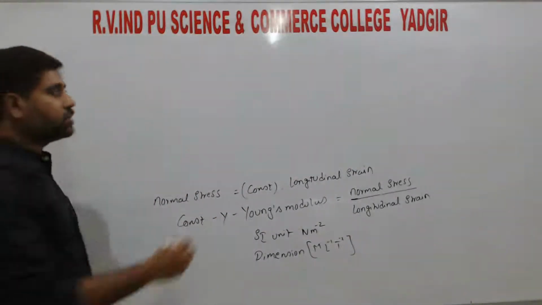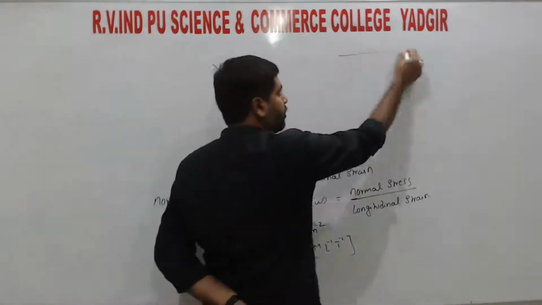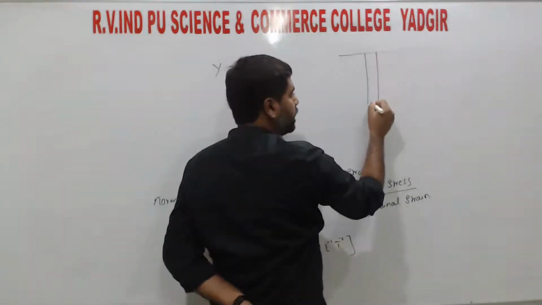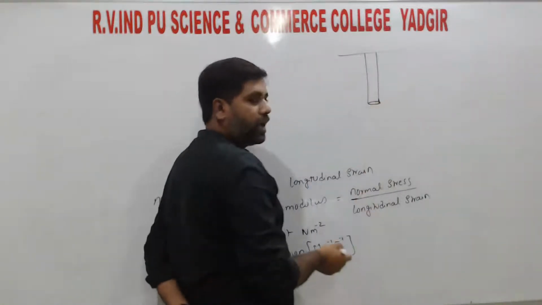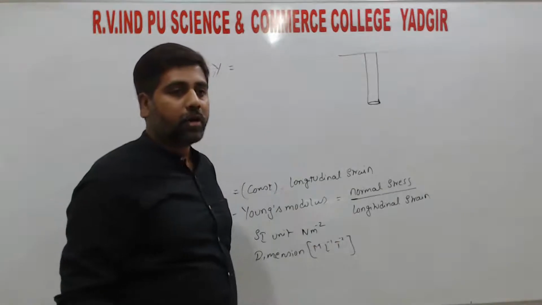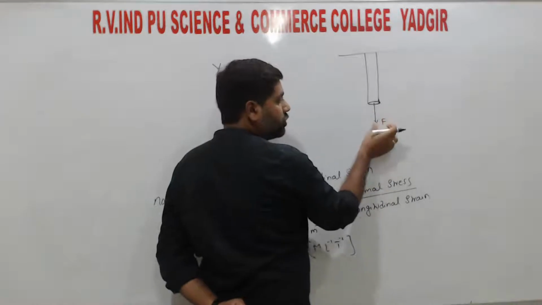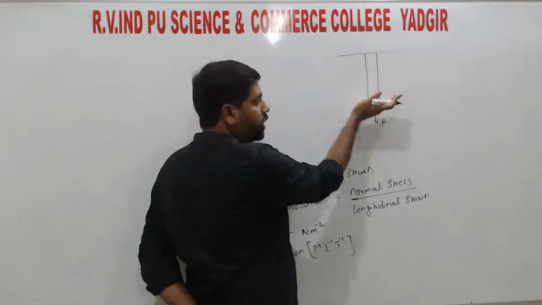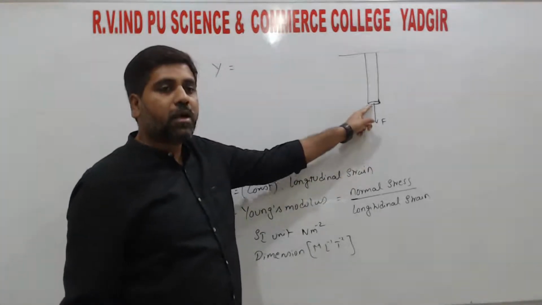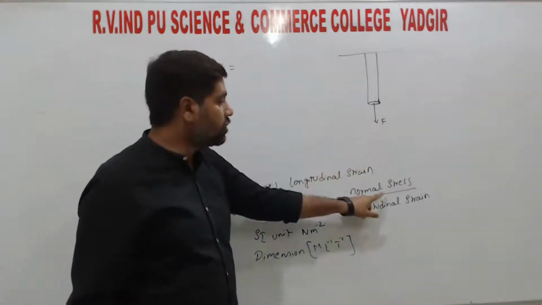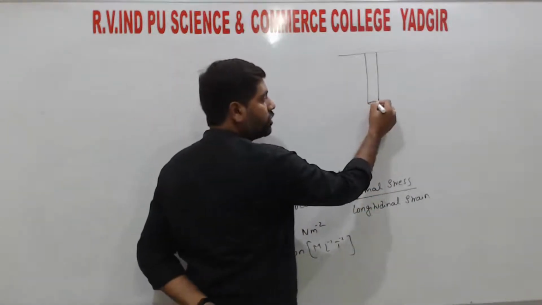Right? So Young's modulus in general, if we write the relation for any one material, say a wire or any rod, the normal stress is acting on it. Normal stress means the deforming force which is acting perpendicular to the surface. On the circular surface the deforming force acts perpendicular, so that is the normal stress, acting downward on this area.